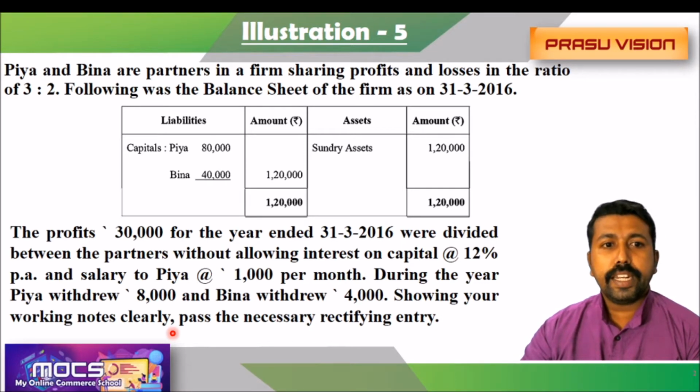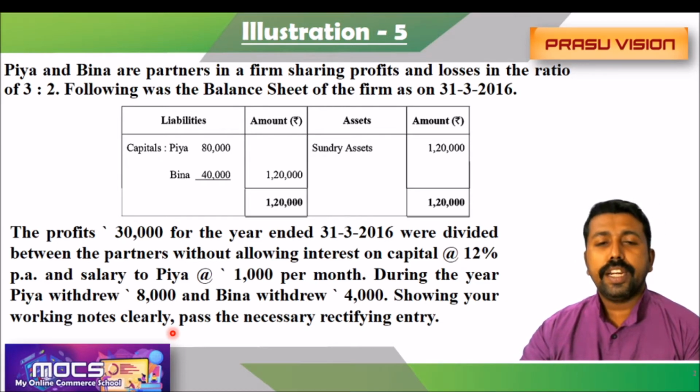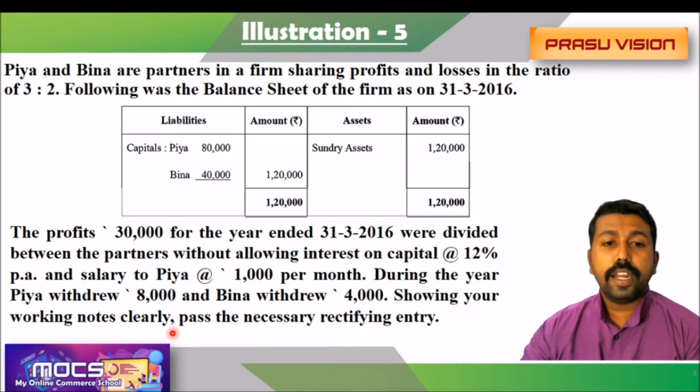The profit for that year, 31st March 2016, was rupees 30,000 and was divided between the partners without allowing interest on capital at 12% per annum. Also one item was forgotten, salary to Priya at the rate of rupees 1,000 per month.